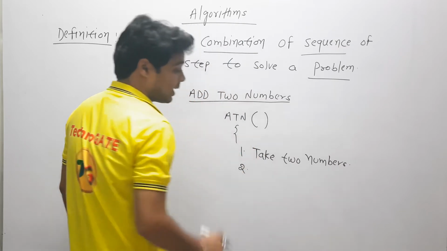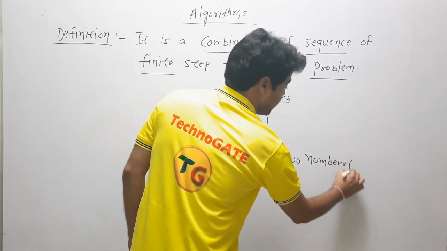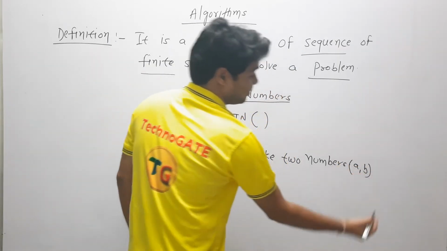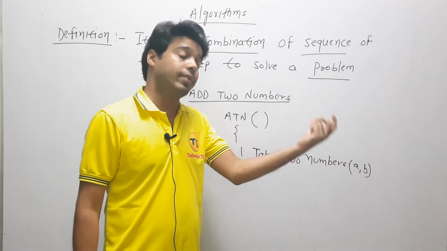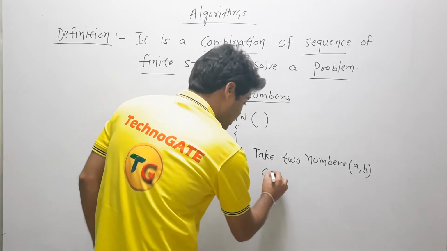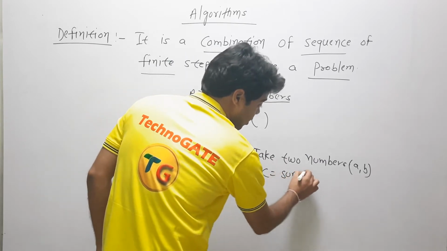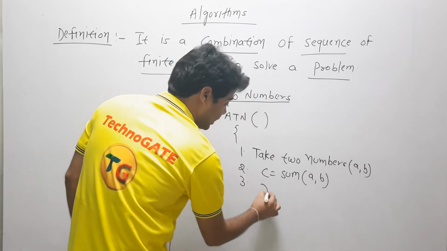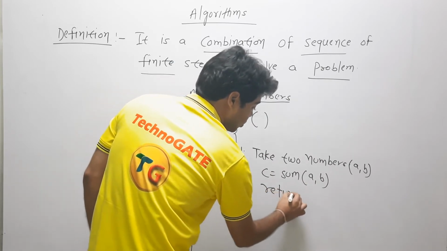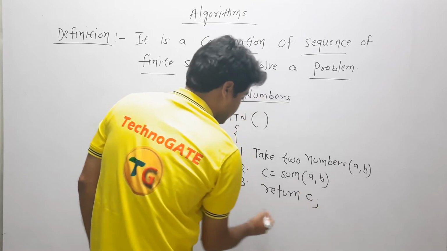Second step, after taking two numbers like a, b here: add a plus b and store the result in a third variable, like c equals sum of a, b. After that, the third step is return c. So c will give the output of this program.